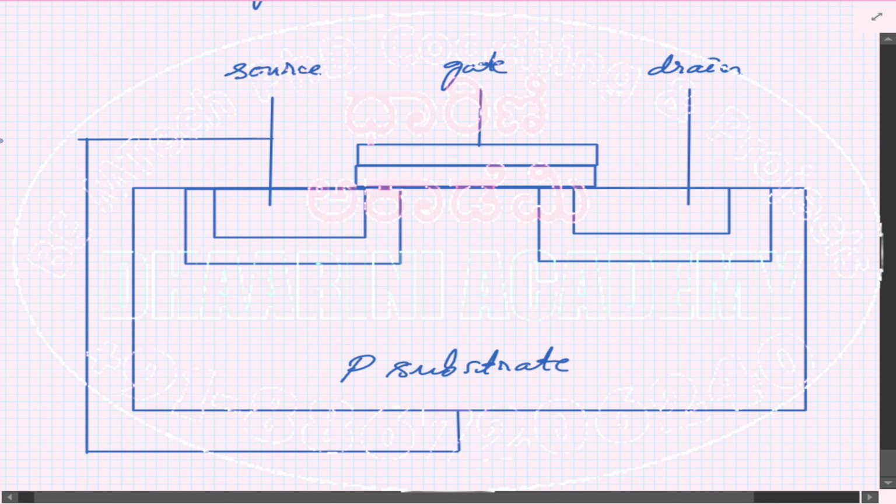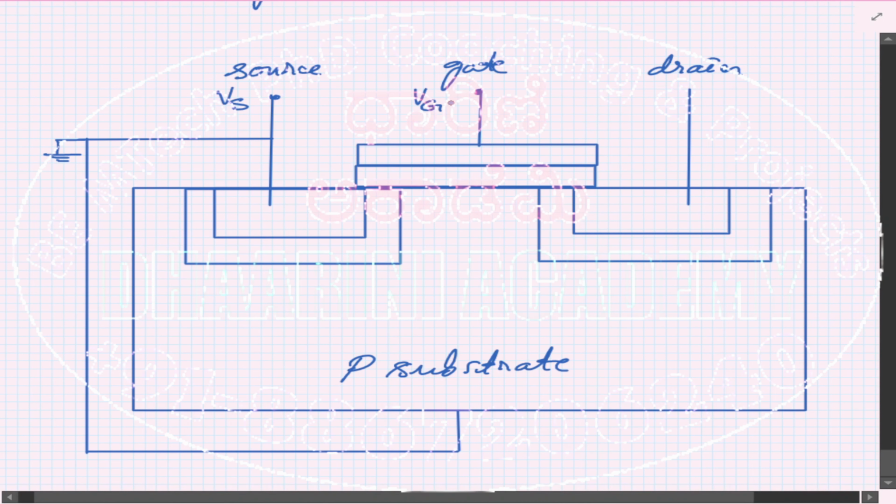Now this source is connected in this fashion and also it is grounded. So the lower voltage is at this. This is source, I can call this Vs, but Vs is 0, grounded, correct? For Vg, there is a standard notation in all the textbooks saying that this is called Vgs. They are not calling it simply Vg.